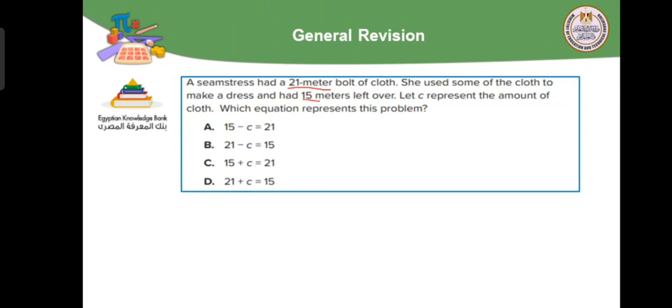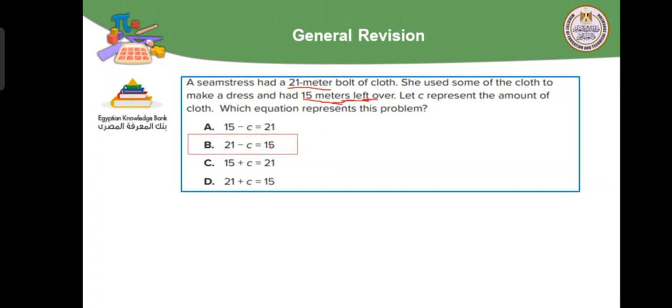Okay, and had what left over? 15. So C is the missing letter. So we should solve and choose the equation, okay? Subtract with missing, add with missing. Which one is correct? Yes, it's number B. Why?